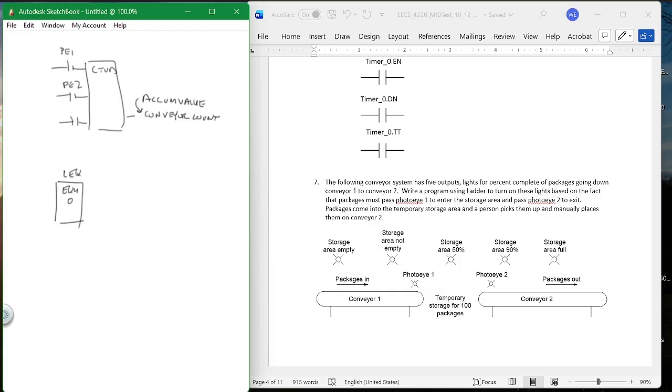Now, if you say equals 0, that's okay with me. I understand. But why don't you say less than or equal to 0? Because counters can go negative, and they do. So if it's equal or less than 0, you want to basically reset it. If there's none in there, you hit it back to 0. Okay. So this would be conveyor count.